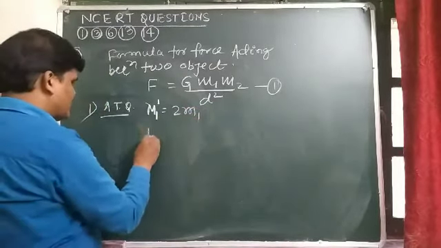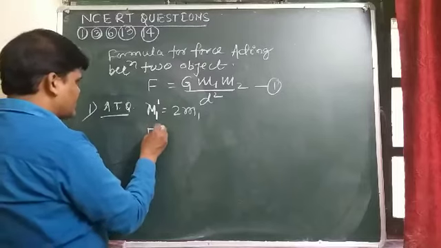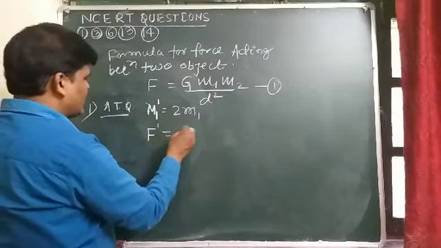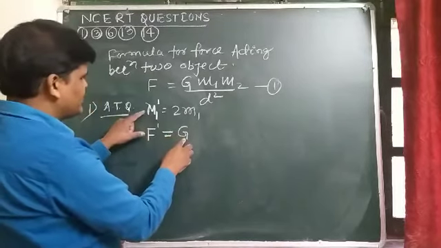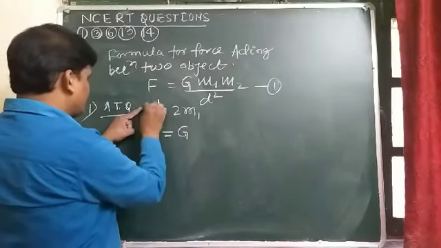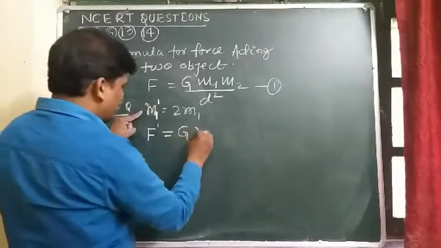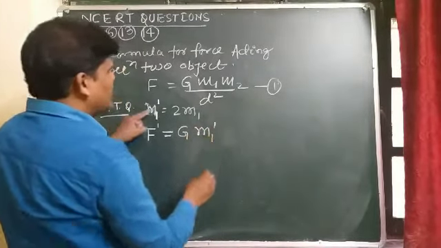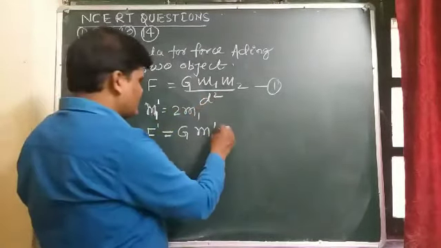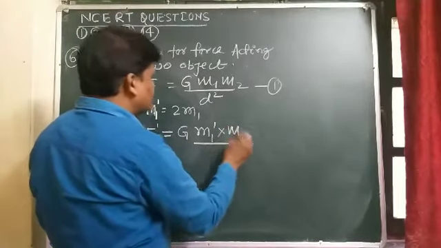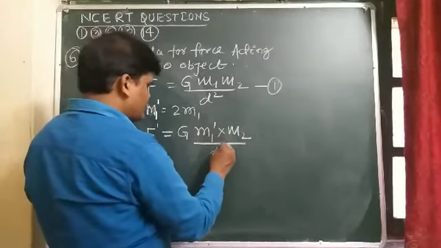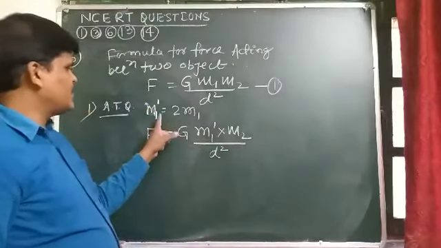So the new force formula, F dash, is G m1 dash m2. m2 has no change, so we write it as it is. Distance will also remain the same, so no change.